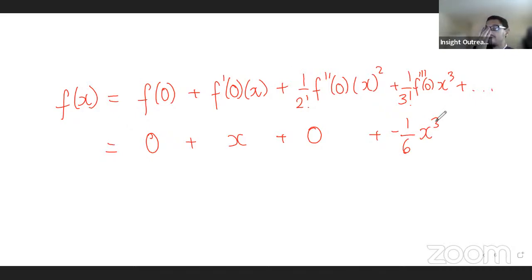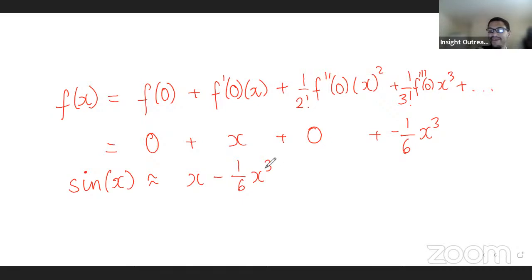So we're going to use this to approximate sine. We're saying sine of x is roughly, near x equals 0, sine of x looks like this: x minus 1/6 x cubed. If any of you have a calculator near you, I don't really have one because I never really use one anymore.